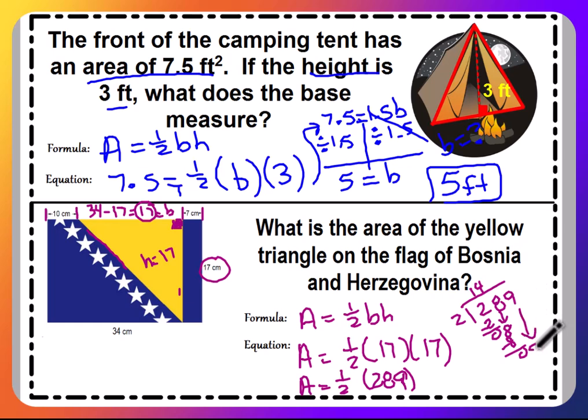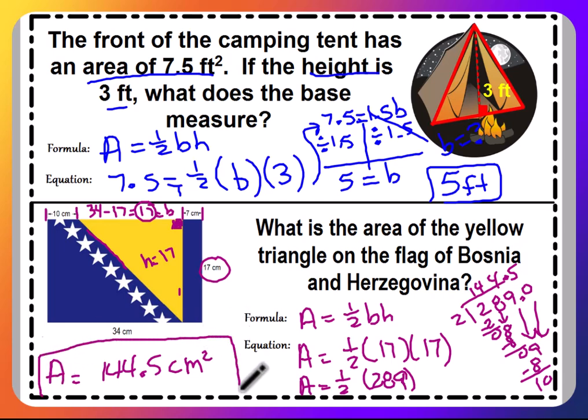Bring down my 9. 2 goes into 9 4 times, which is 8. Subtract, 1 remainder, so add a decimal and a 0. Bring down the 0, and 2 goes into 10 5 times. So the area is going to equal 144 5/10. We're talking centimeters squared. Okay, great job, Bobcats.